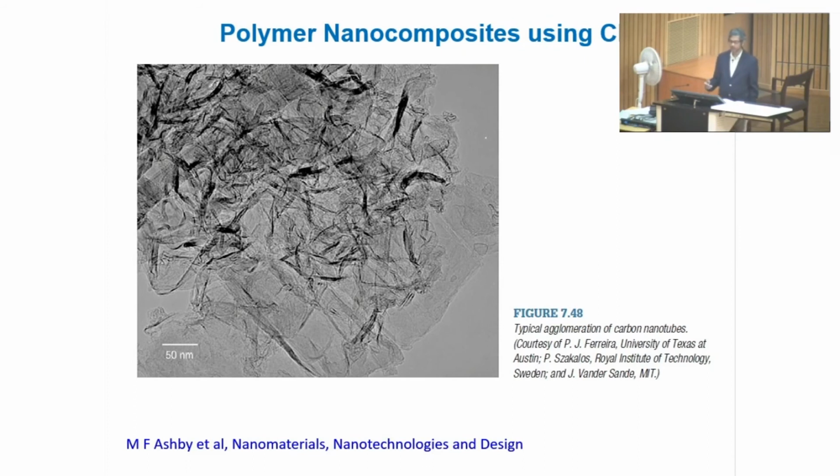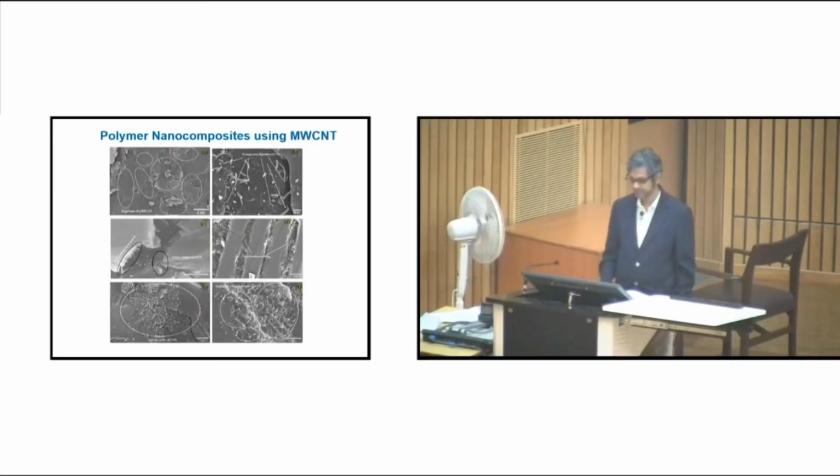Well, now let us see some of the examples. These are the works done by my students, and this is the epoxy-based polymer nanocomposite, basically using multi-wall CNTs. You can clearly see that the CNTs are present here, there, here. A lot of CNTs are present, and these CNTs in many cases got agglomerated.